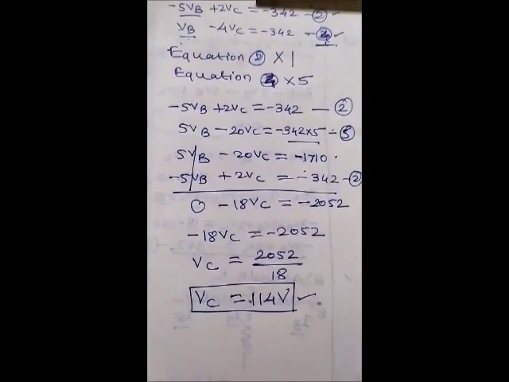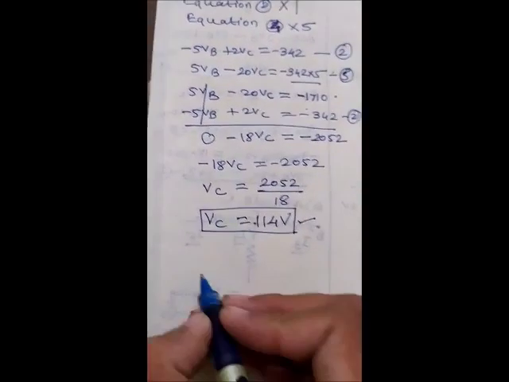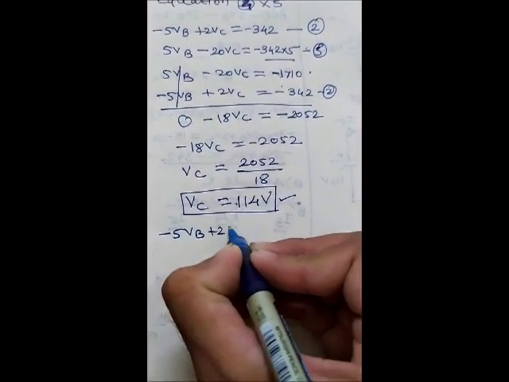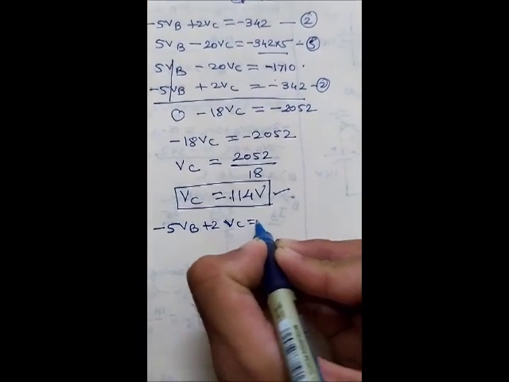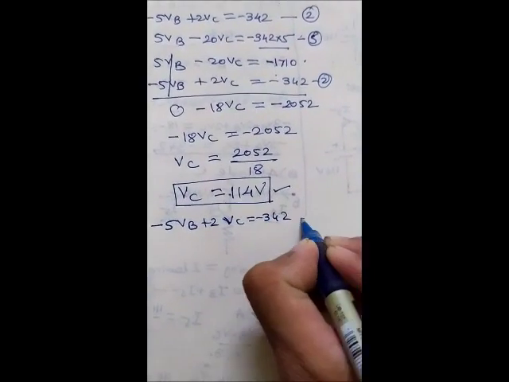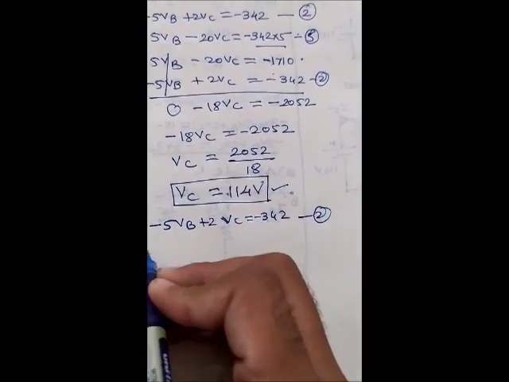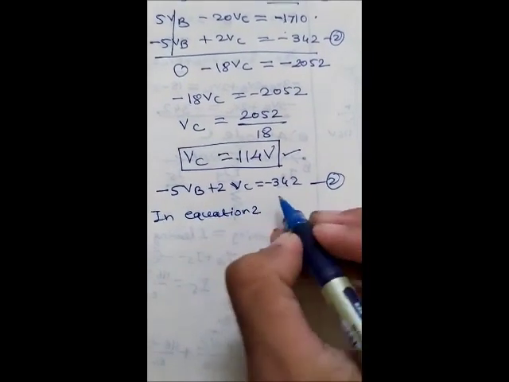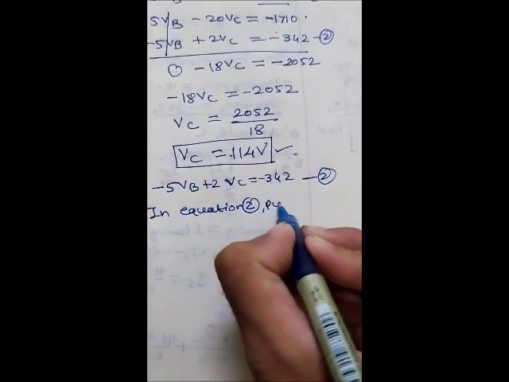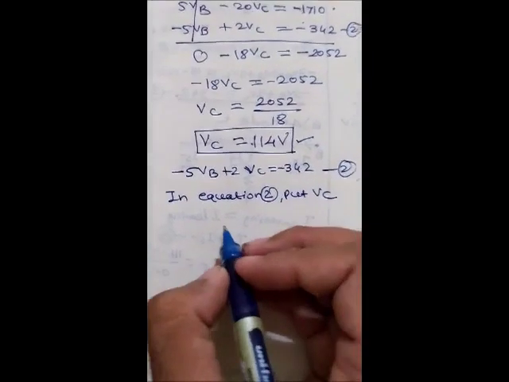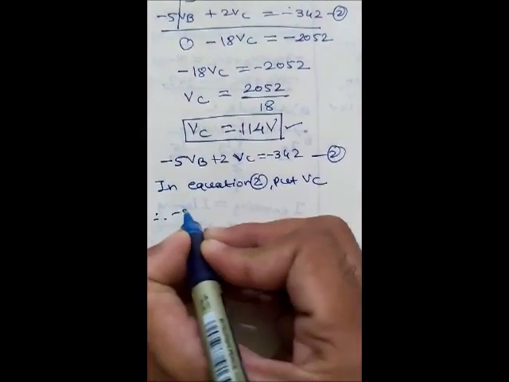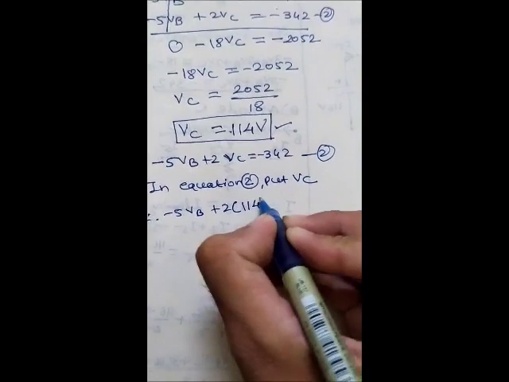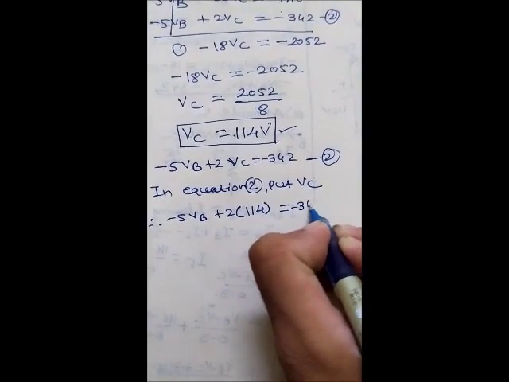Equation 2 is minus 5 into VB plus 2 into VC is equal to minus 342. Putting VC, minus 5VB plus 2 into 114 is equal to minus 342.